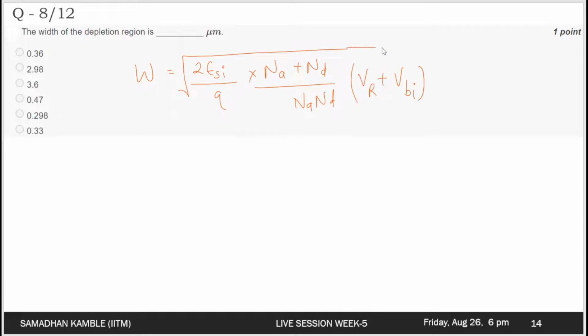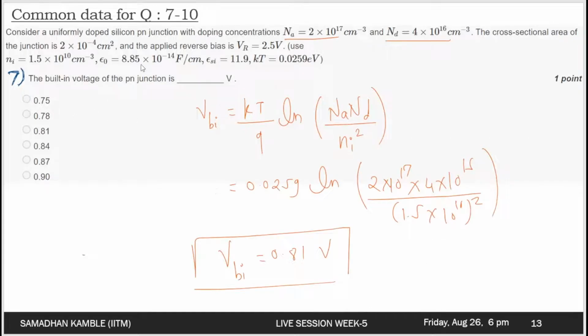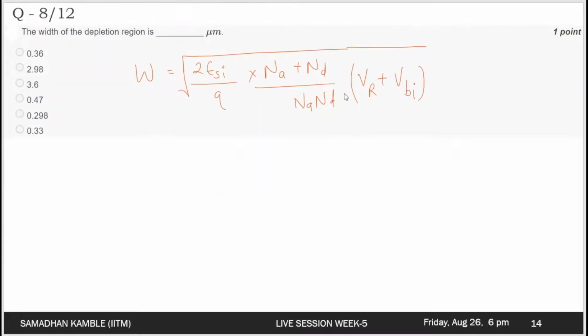We calculated the built-in potential in question number 7. So if you substitute all those values, like the epsilon for silicon given here, the built-in potential that we calculated, 0.81 volt, and the values of Na and Nd, which are the extrinsic concentrations, we'll get the depletion width as 0.36 times 10 to the power minus 4 centimeter.